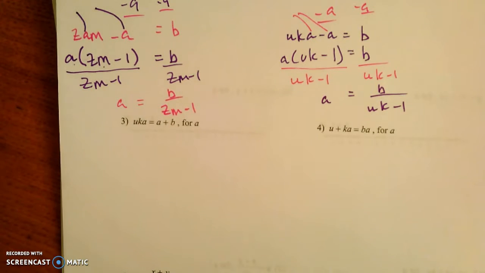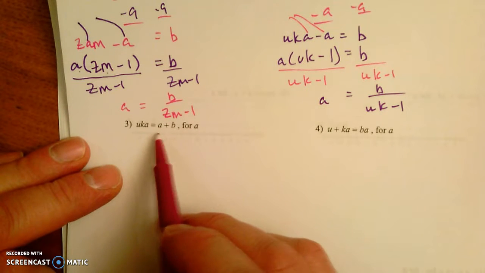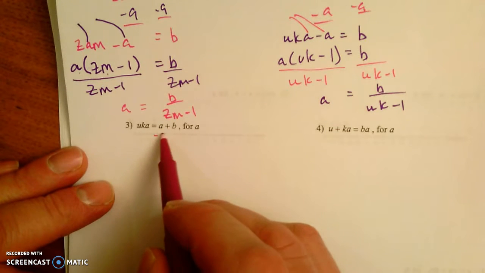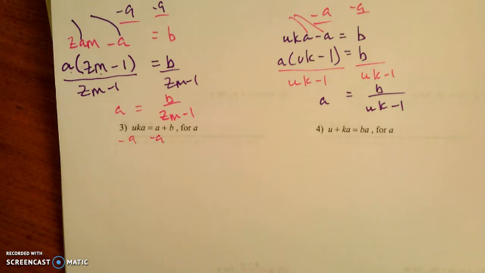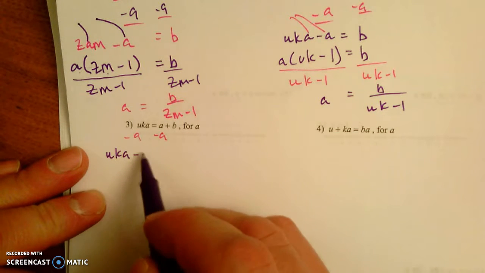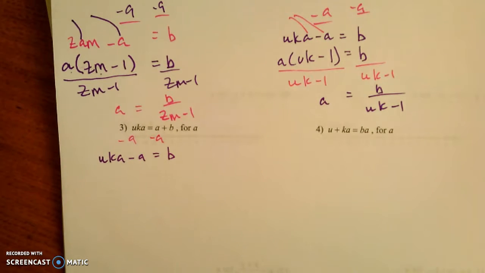Let's look at another example. Here, we've got a very similar problem, except we didn't start out with a fraction, and we just want to get all our variables on the same side. So I'm going to subtract a from both sides. That gives us uka minus a equals b.